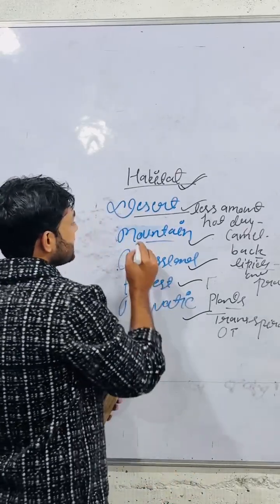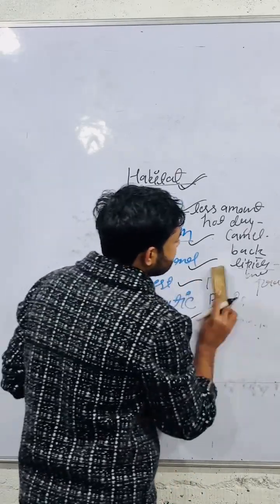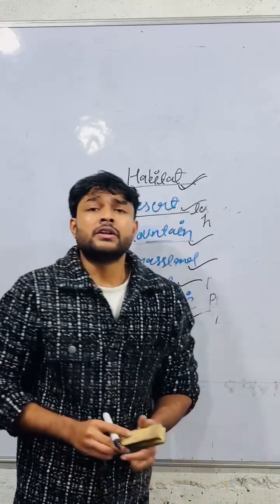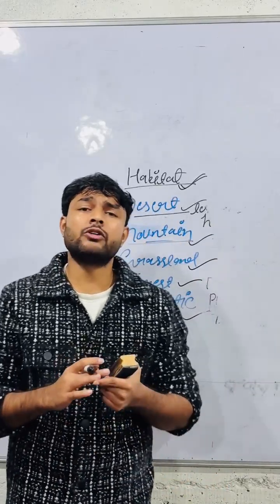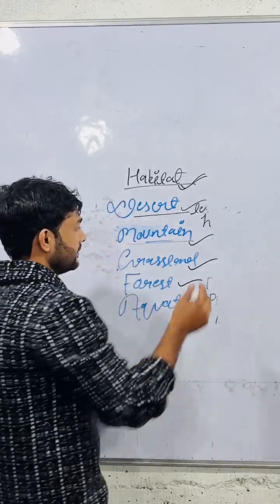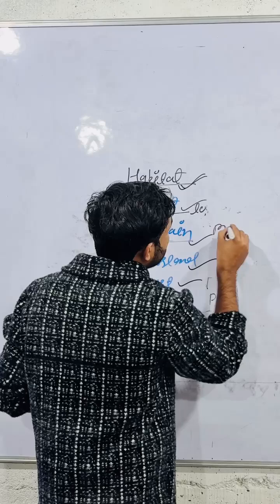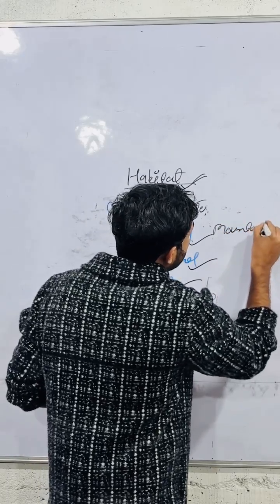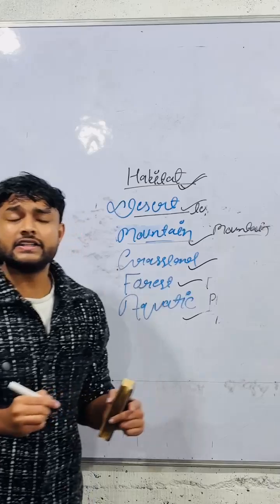The second habitat is the mountain habitat. What is the mountain habitat? It is found where there are lots of mountains and high peaks, for example the Himalaya mountains.